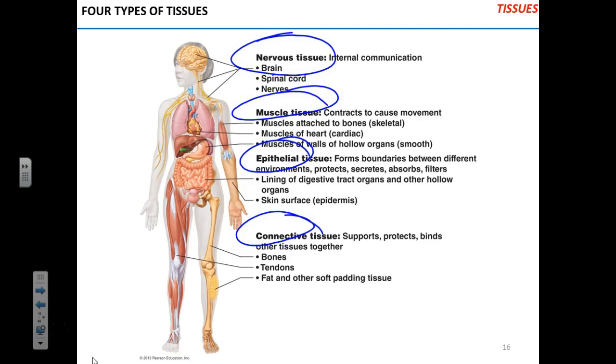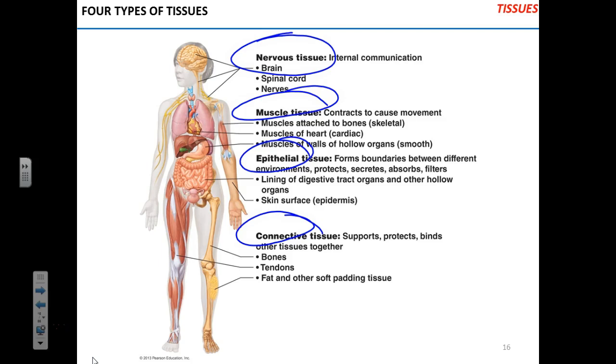Connective tissue in your skin connects parts of the skin and muscles. Bones are connective tissue. They connect different parts of the body. They connect muscles to each other, or muscles to the skin or whatever, okay? Connective tissue in the walls of organs connects layers in these walls.